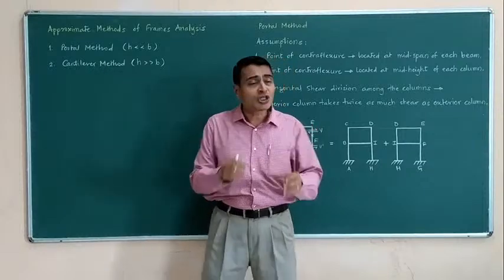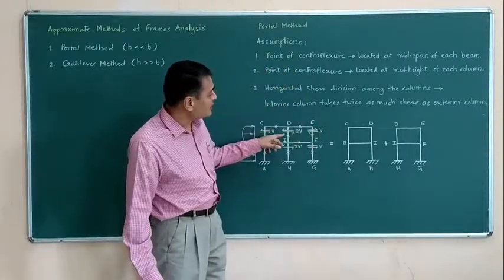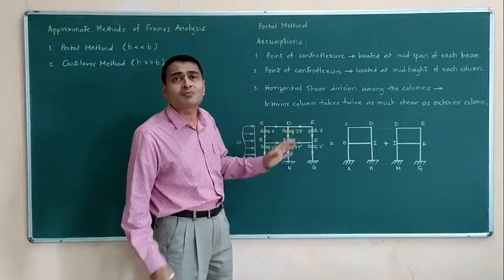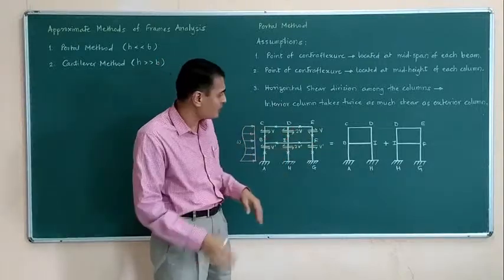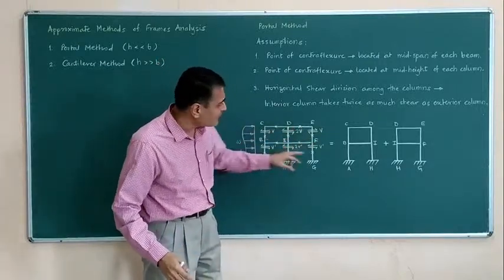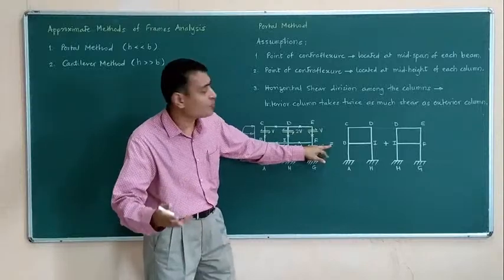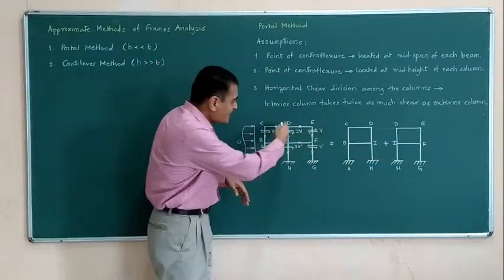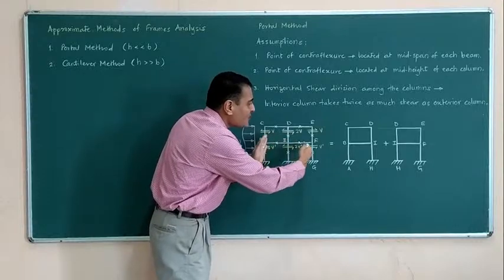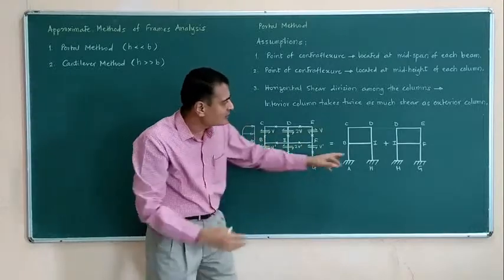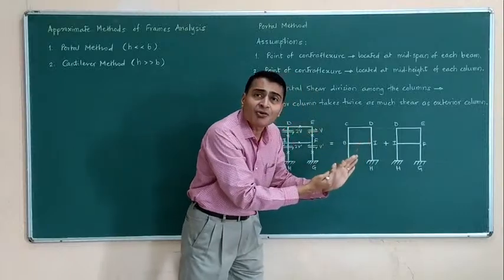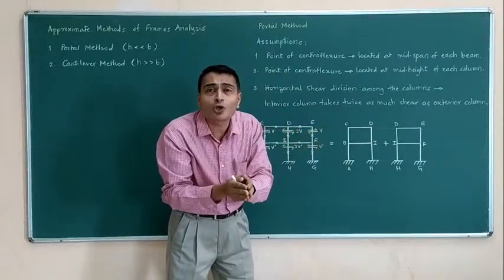Now what is the logic behind saying that the interior column takes double the shear compared to the exterior column? The logic I am trying to show here is that this frame is imagined to be made up of 2 frames like this. That is, at this column, if I make a separation, then there are 2 columns combining which we get one central column.